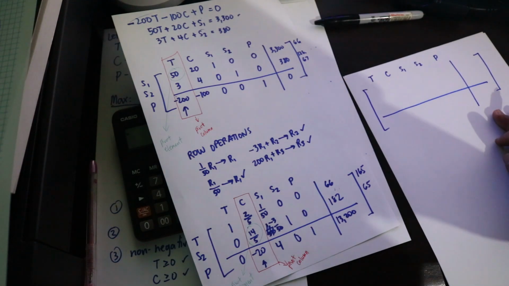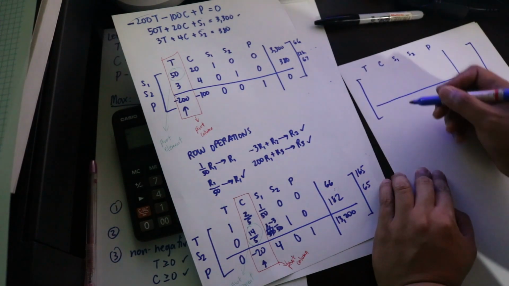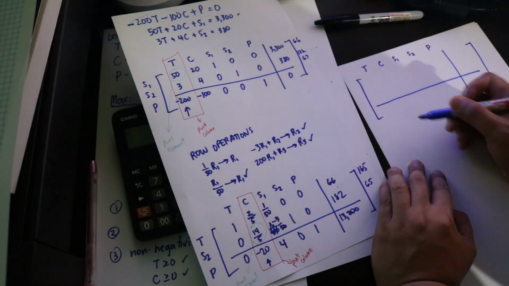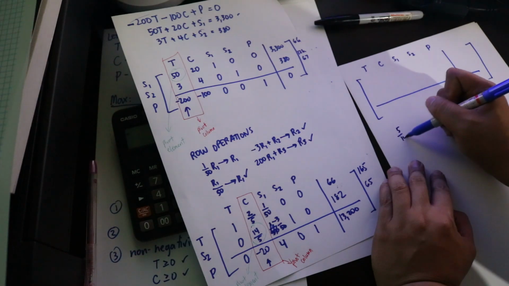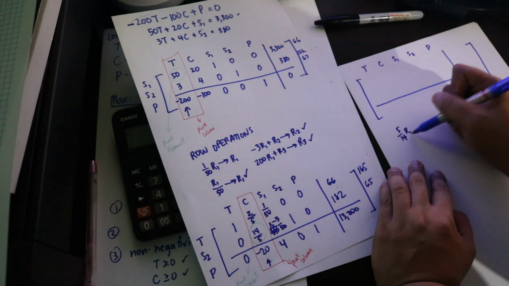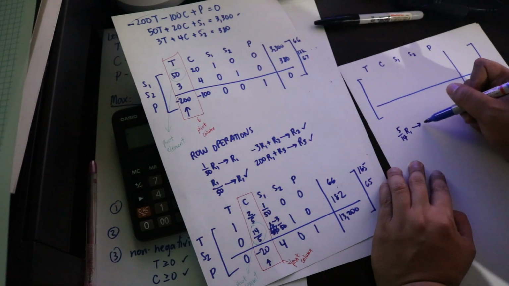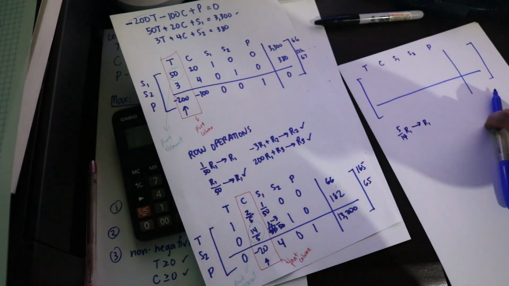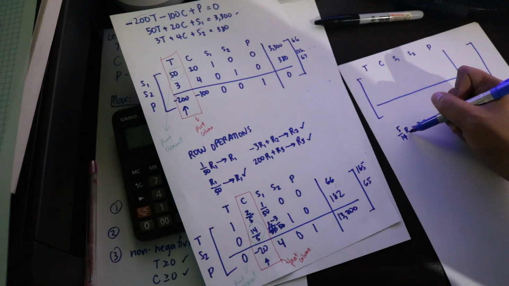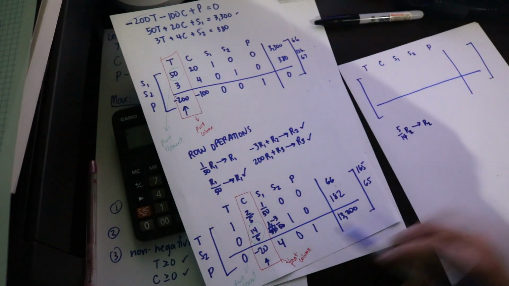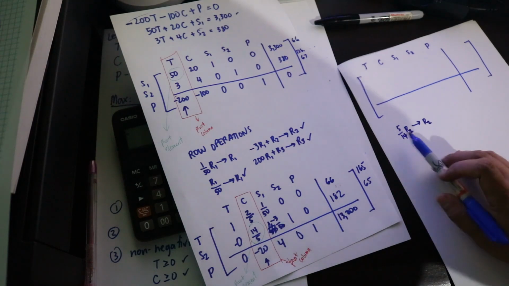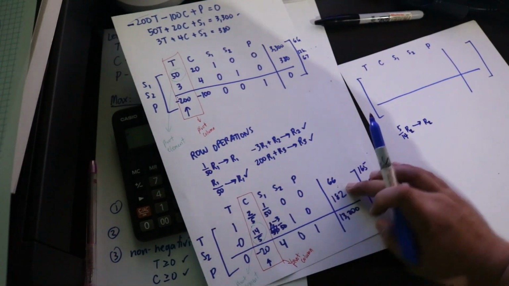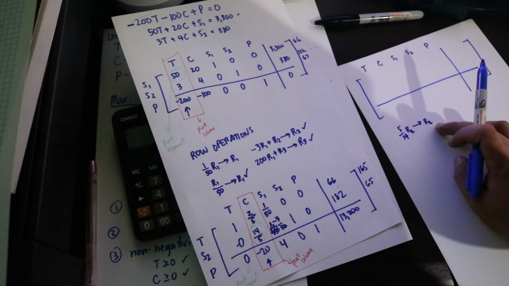Our first row operations would be, we multiply 5 over 14 by row 2, the second row. 5 over 14 multiplied to all numbers here in the second row would be our new second row.